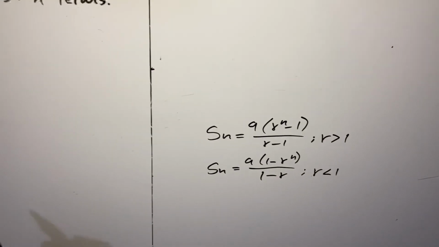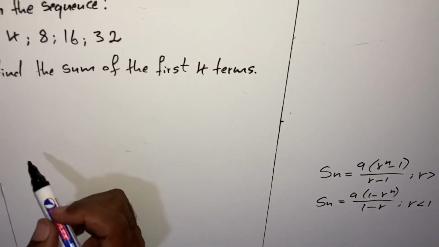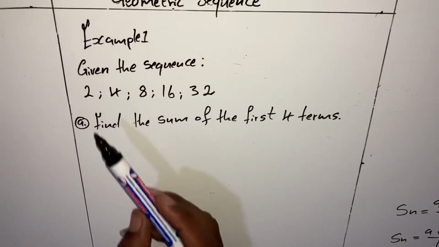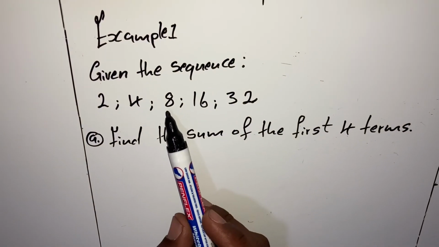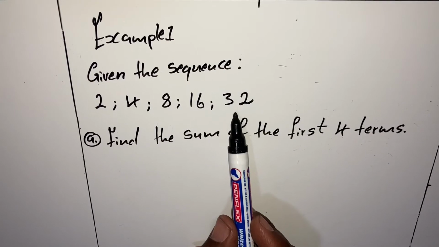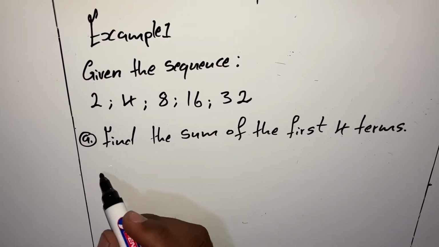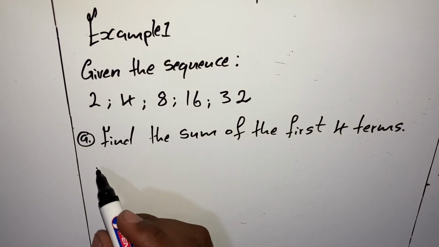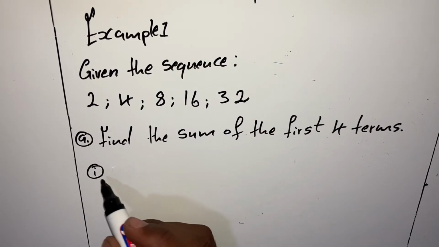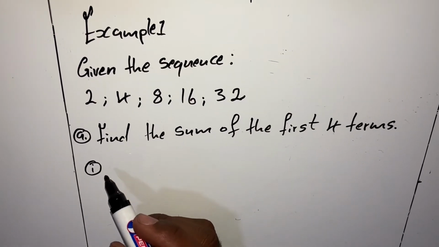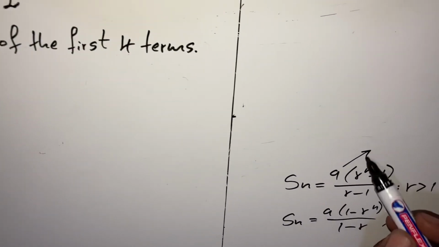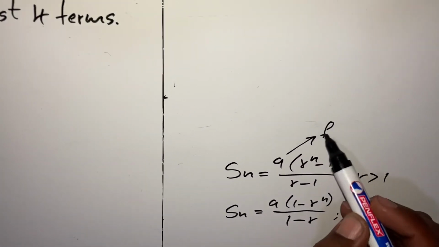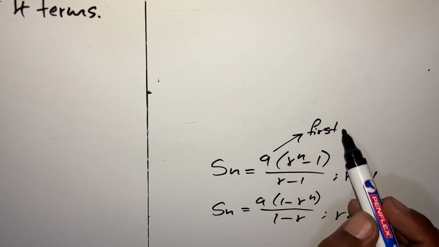So, on our sum, we are seeing that we have the sequence 2, 4, 8, 16, 32. Then, firstly, we will have to find our R. On this formula, our A is still our first term.